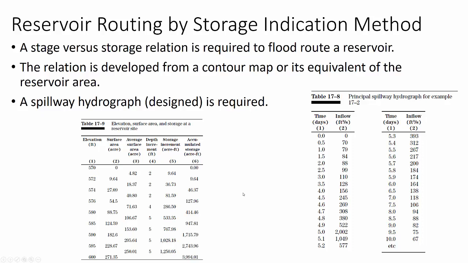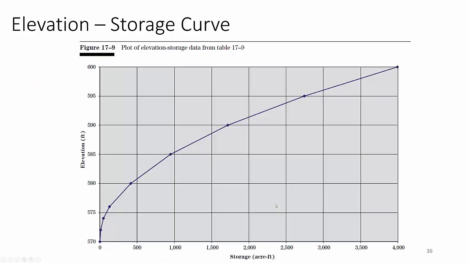We know that when the water is 6 feet deep, a certain portion of the water is going to be in the outer banks or in the reservoir. We know the area of that reservoir, and we can average those up as we discussed with reservoir routing. But we have to know our spillway characteristics because we have to know how much water is going out every step of the way too. So this is the elevation storage data that we saw earlier.